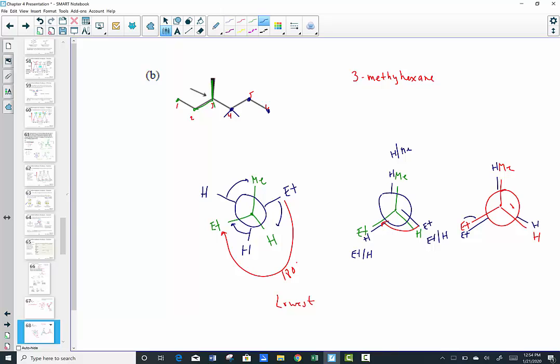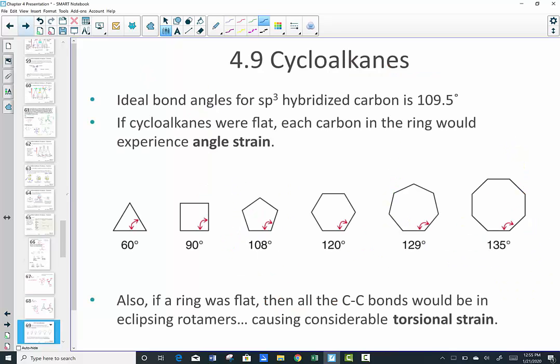So this interaction where the two ethyls are stacked on top of each other, plus the hydrogen-methyl interaction, plus the hydrogen to hydrogen interaction, creates the highest energy conformation. This is of higher energy than this, but we spin it to get the interactions of ethyl to ethyl, and that will dominate on that potential energy chart.